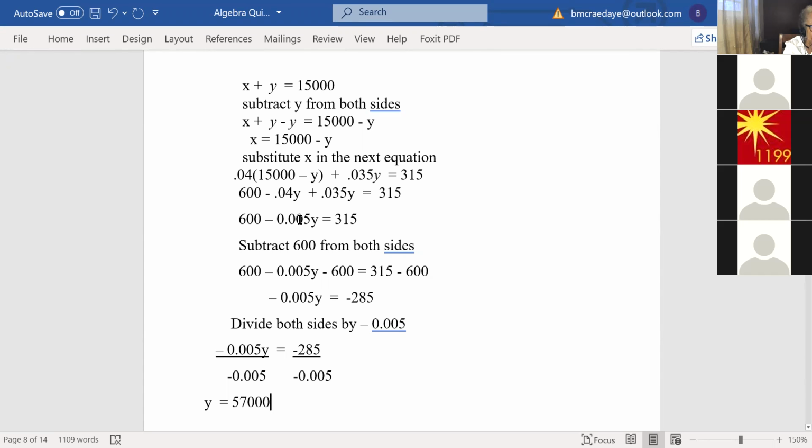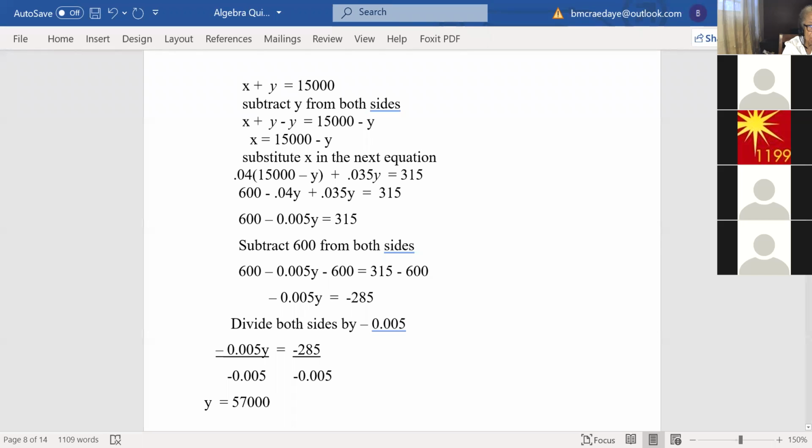So we subtract 600 from both sides and got minus 285 on the right, and we had 0.005Y left. Divide both sides by 0.005.